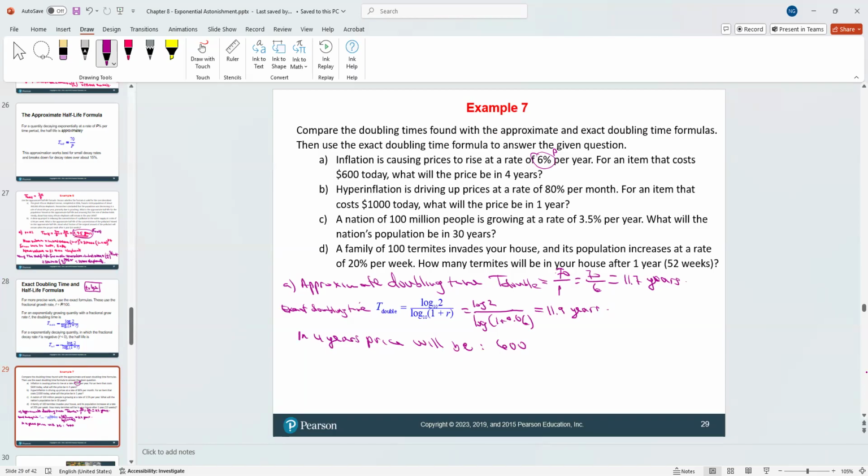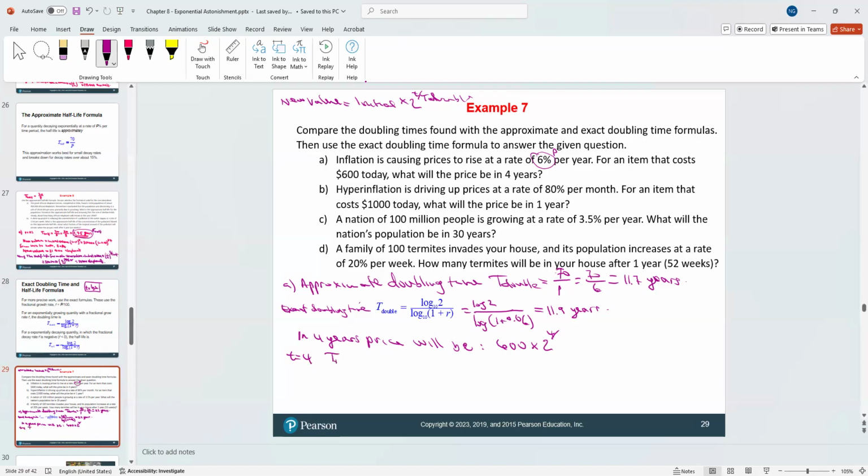Double means you take times two. Remember you have new value equals initial value times 2 to the power small t over T double. And we already know what T double is. But small t is 4, of course, because t is 4.